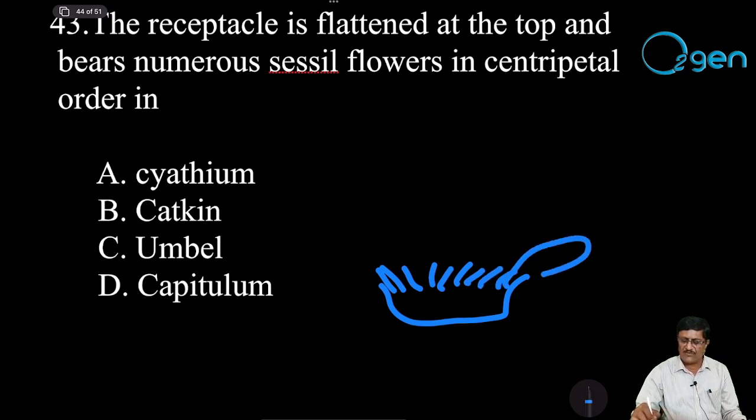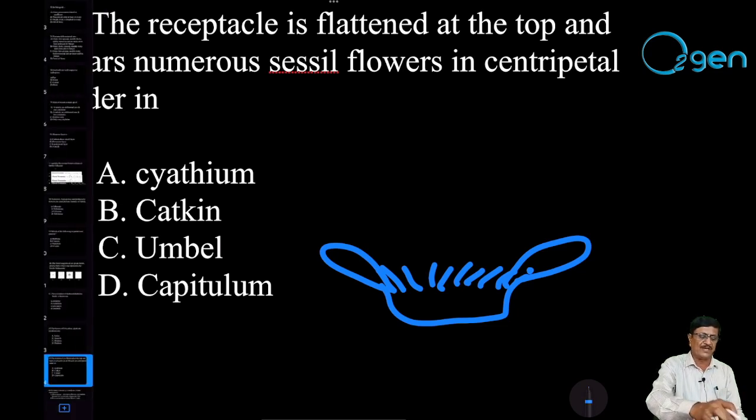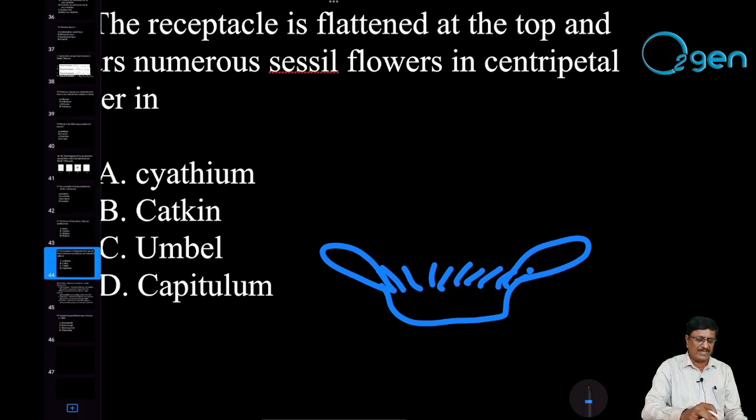The marginal flowers have a large petal and are called ray florets, and the central ones are called disc florets. Such type of inflorescence is called head or capitulum.